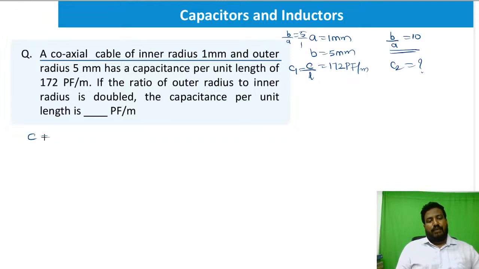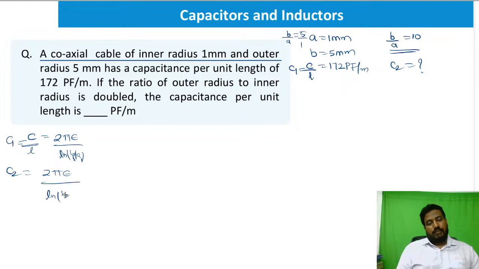You know, for a coaxial cable, capacitance per unit length is 2 pi epsilon by ln of B by A, since L is on this side because it is farad per meter. This is C1, where you have B1, A1. Similarly, C2 is 2 pi epsilon by ln of B2 by A2.